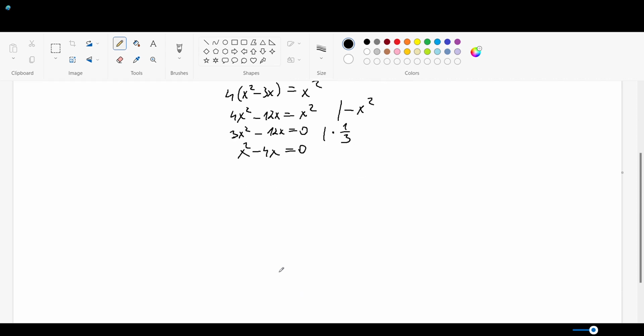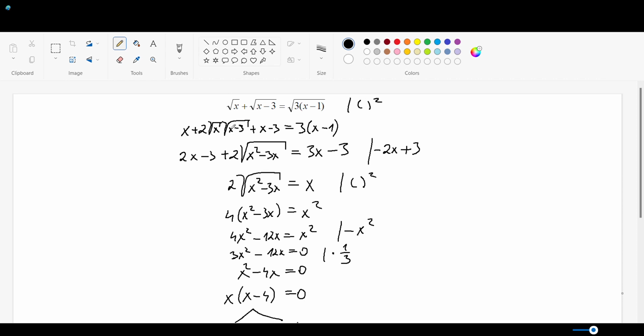And we have again a very simple quadratic equation, which can be written as x times x minus 4 equals 0, and as you can see, multiplication equals 0 only if one of the factors is 0, so x is 0 or x is equal to 4.